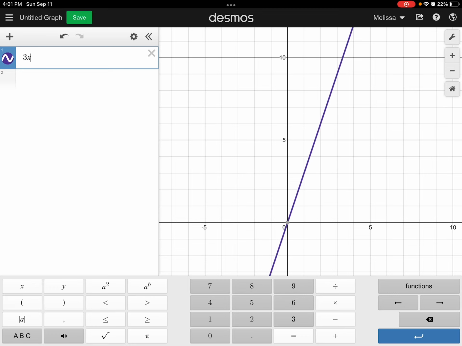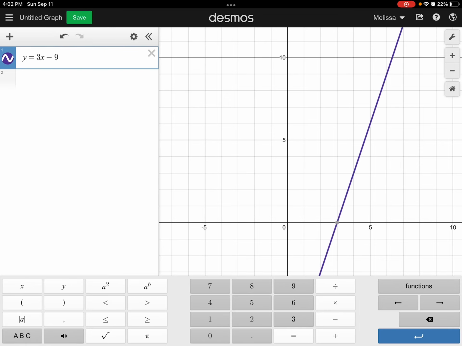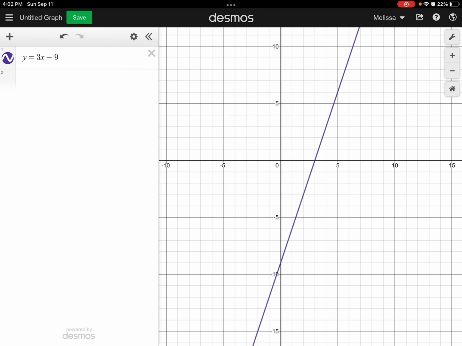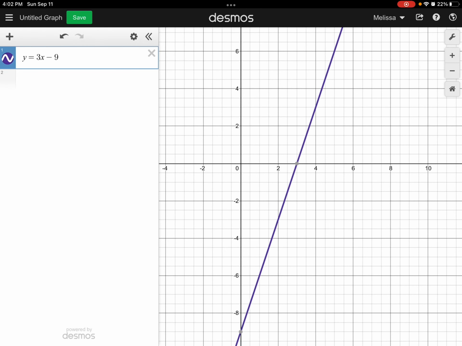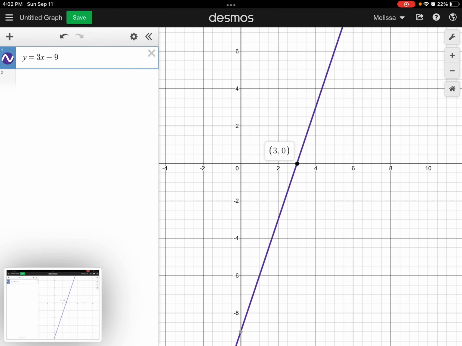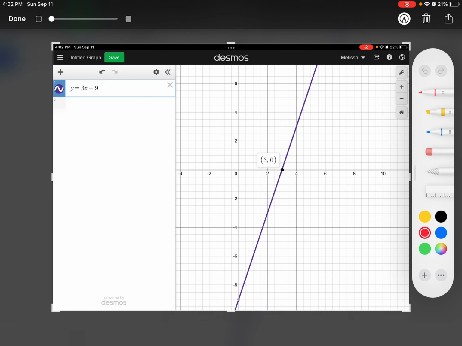3x. Oops, I forgot my y. Y equals 3x minus 9. Okay, now this time I have a line, right? And again, we're looking for the x value. In this case, that happens to be 3. So kind of like a minute ago, that worked great, so let's try that again.